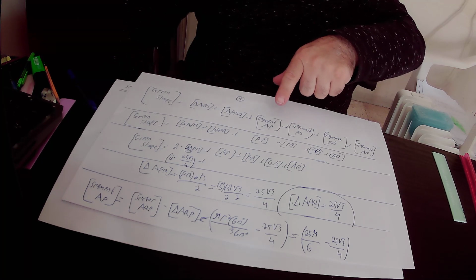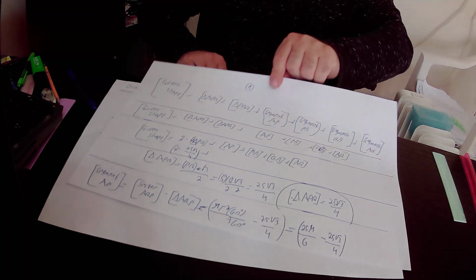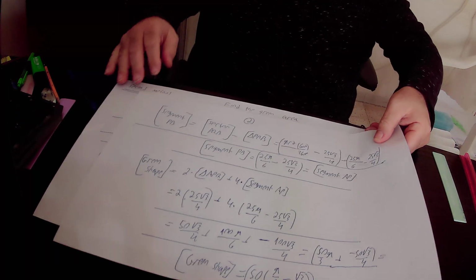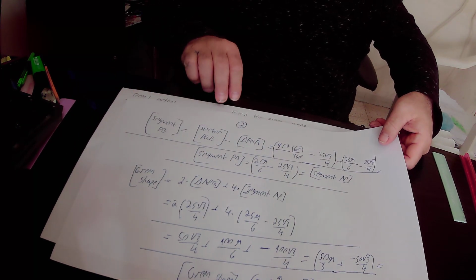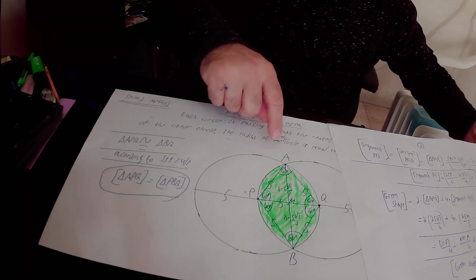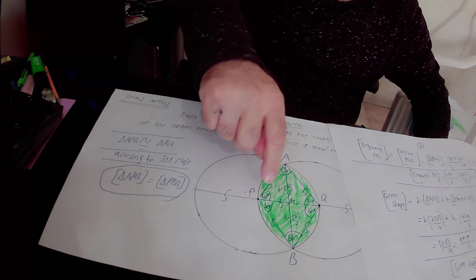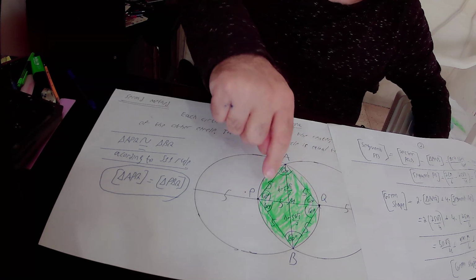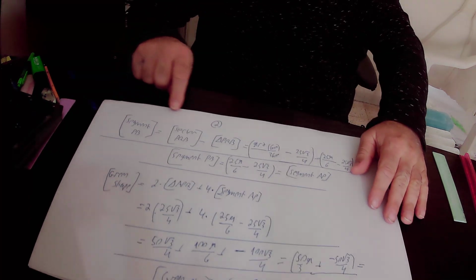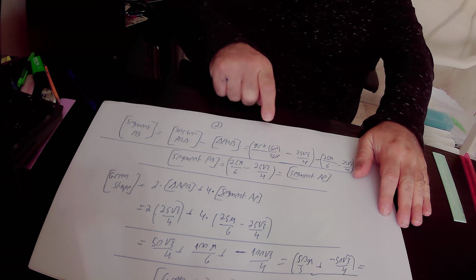After we found out the area of segment AP, we have to find out the area of segment PB. The area of segment PB equals the area of sector PQB minus the area of triangle PQB. And the area of sector PQB equals pi r squared times 60 degrees over 360 degrees.